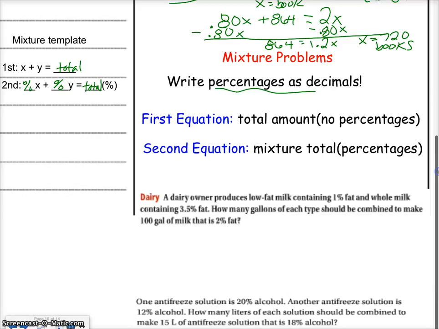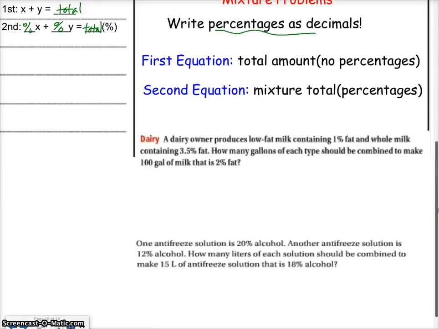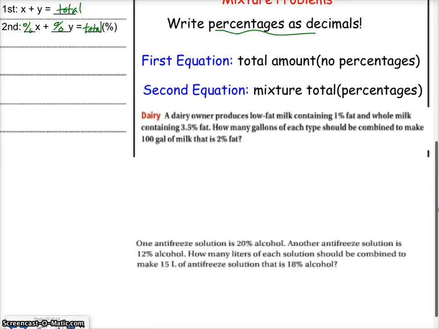Okay. So the first example. A dairy owner produces low-fat milk that contains 1% fat and whole milk that contains 3.5% fat. How many gallons of each should be combined to make 100 gallons of 2% fat milk?